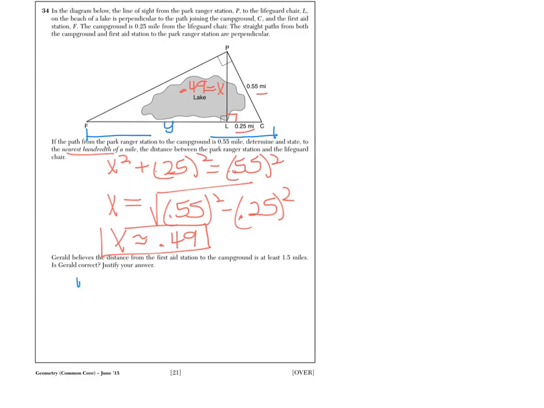So y over 0.49 is equal to 0.49 over 0.25, cross multiply, and we get y is equal to approximately 0.9604.